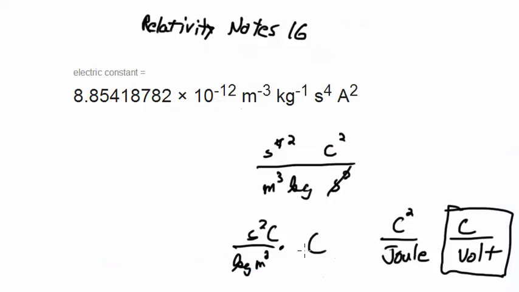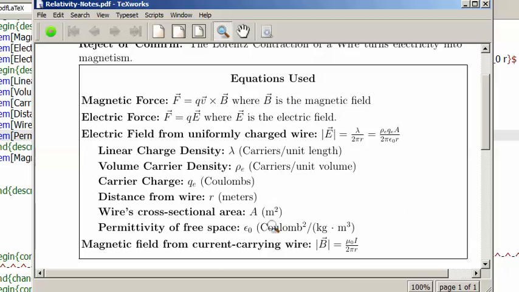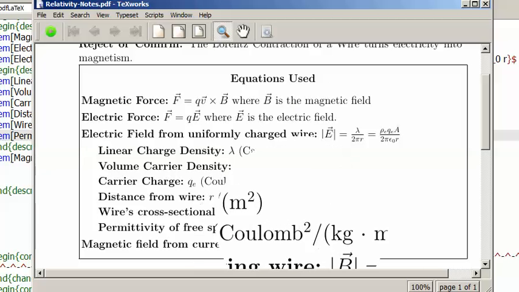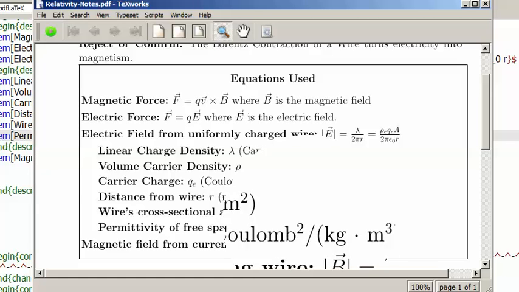And I realize now I did make a mistake. This is coulombs per volt meter. And this would be joule meters. Coulomb squared per joule, because I left out that cubed. Anyway, for now I'll just call it coulomb squared per kilogram meter cubed.